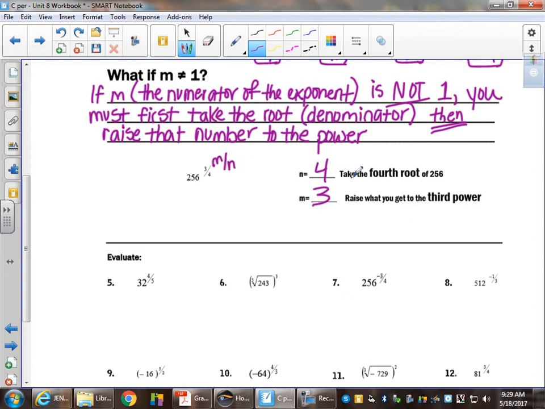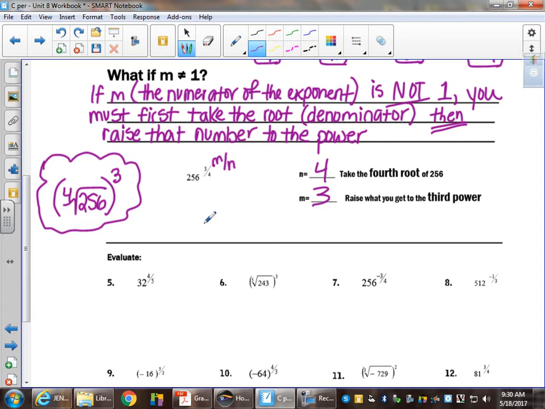So in words, notice it's written for you as a go-to start. N is 4, so we're going to take the 4th root of 256. So really what this is saying is 4th root of 256 raised to what power? 3rd. So mentally have this in mind.